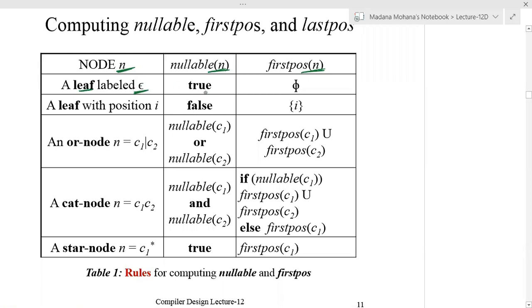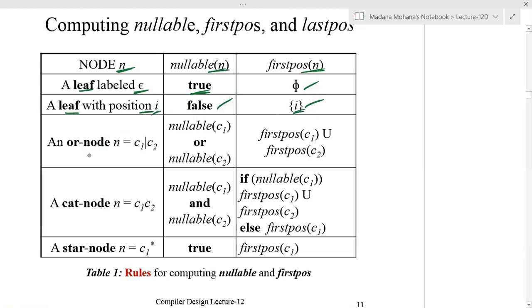That means null, so it returns nullable as true. Then first position of that null leaf node is empty, denoted with phi. Then a leaf with position i. This is not null, so the nullable value is false. Then first position of n is i. Whatever the position i, the first position is the same.